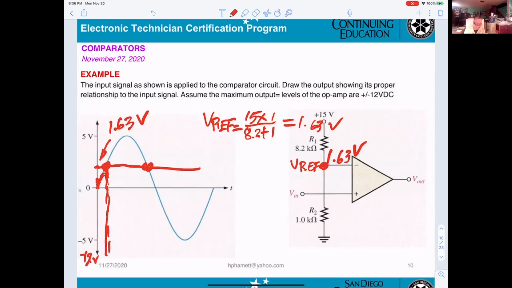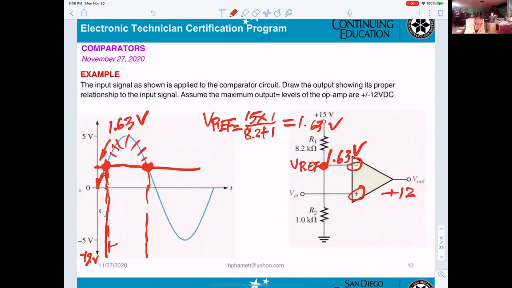Then from here to here, that means the input here is higher than or less than 1.63? Higher. Higher. So the positive is higher than the negative. The output goes to plus 12. So basically, it goes to plus 12.